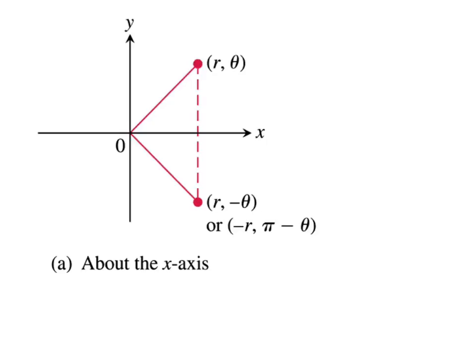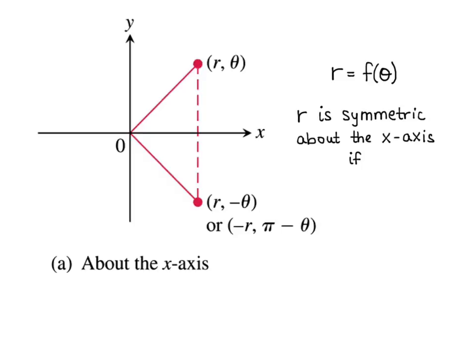Now what if we wanted to test algebraically whether a function is symmetric about the x-axis? Well, if we have the function r = f(θ), so in other words r is some function of θ, then r is symmetric about the x-axis if f(−θ) = r.